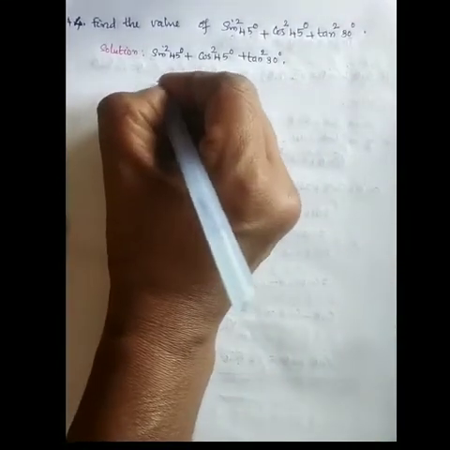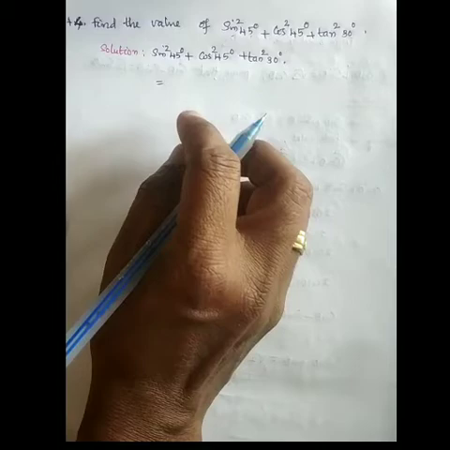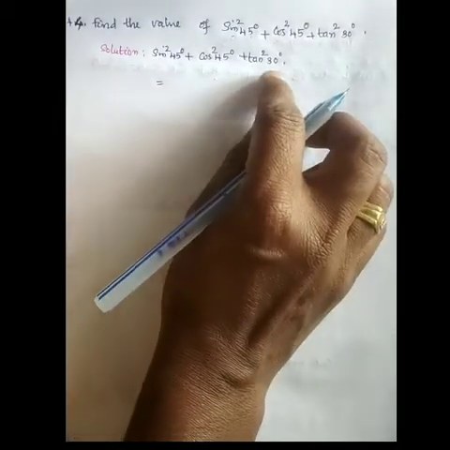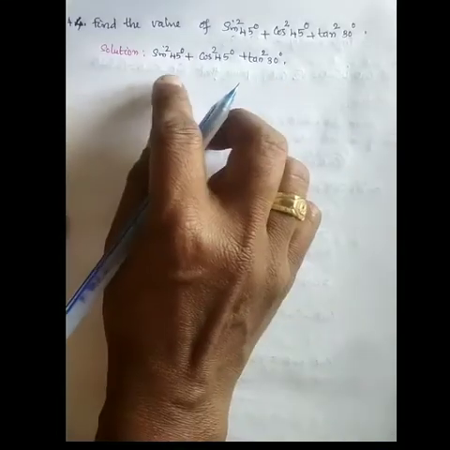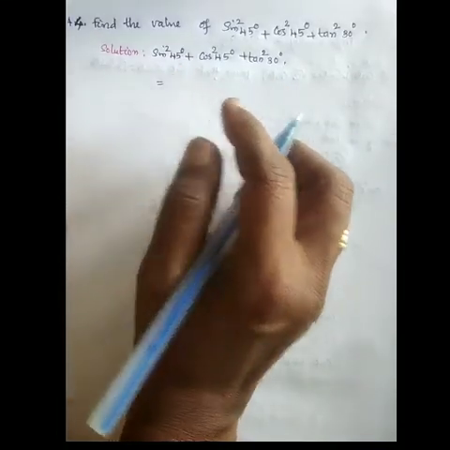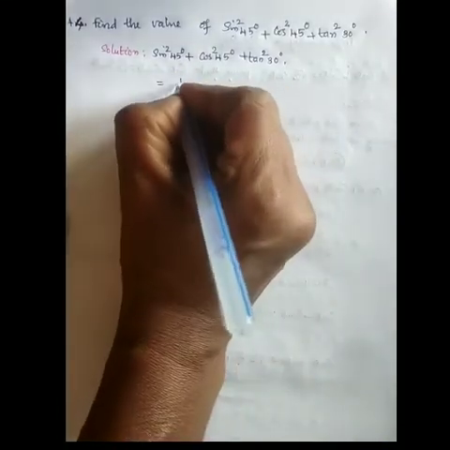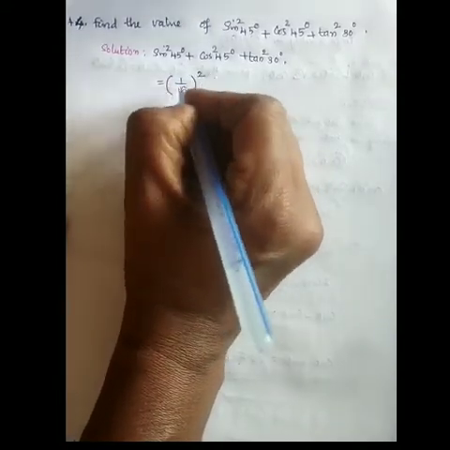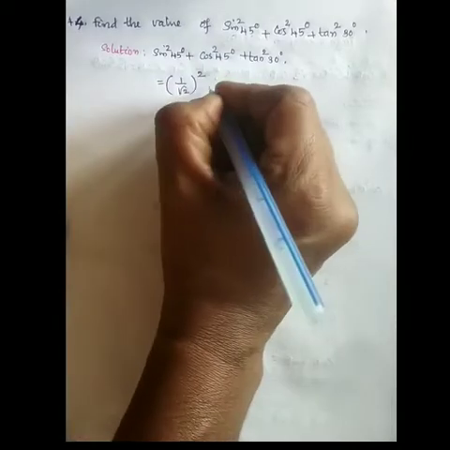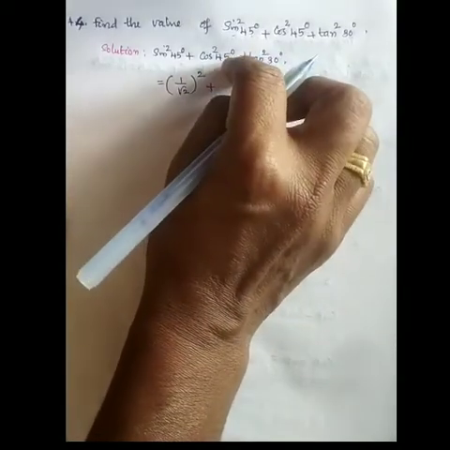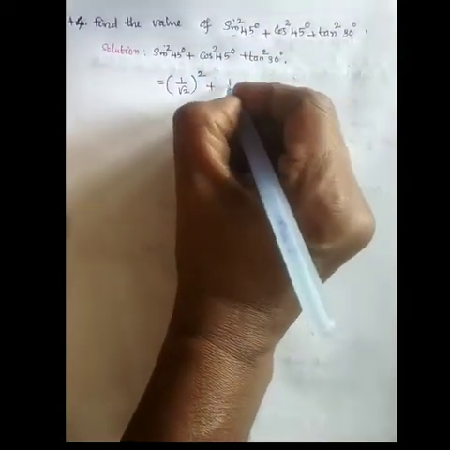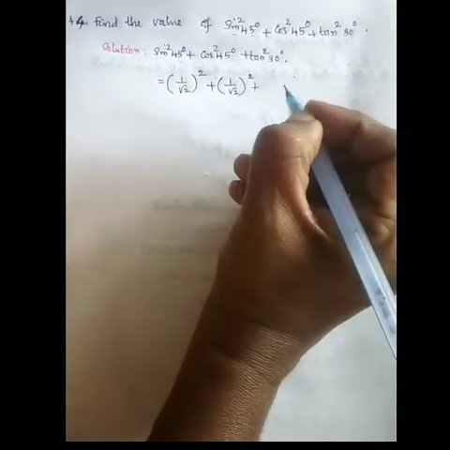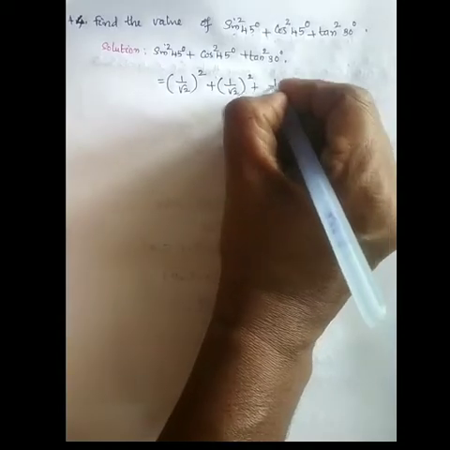We know the values of sin 45, cos 45, tan 30. Using the trigonometric table, what is the value? Sin 45 is 1 by root 2. So, 1 by root 2 whole square plus cos 45 is also 1 by root 2, 1 by root 2 the whole square plus tan 30 is 1 by root 3.